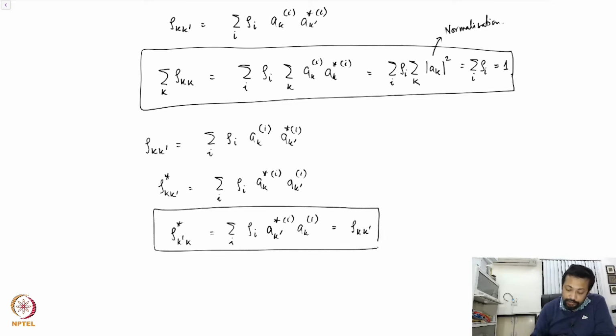So this essentially tells you that this is a Hermitian operator, and therefore, since it's a Hermitian operator, its eigenvalues are real numbers.